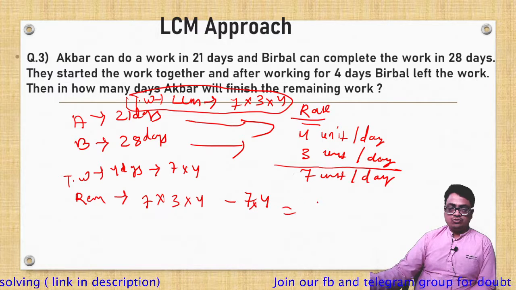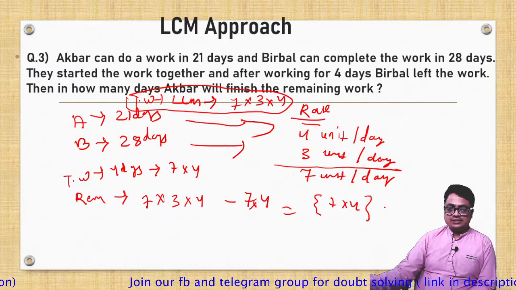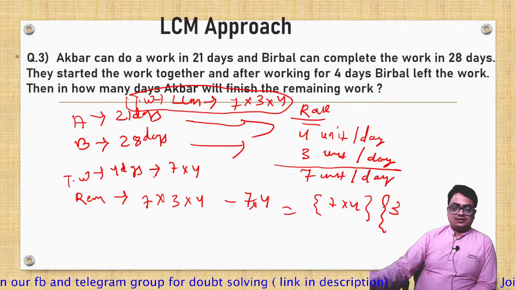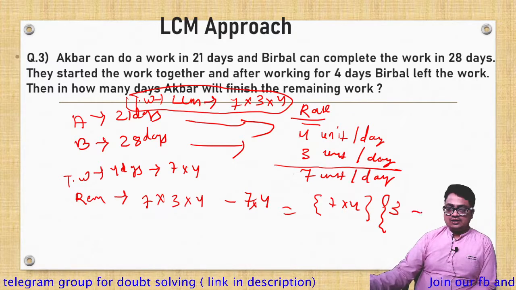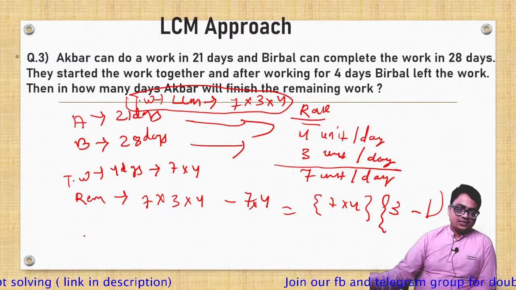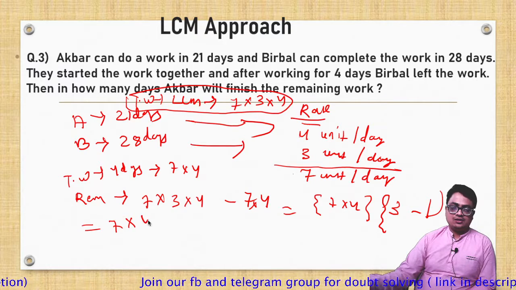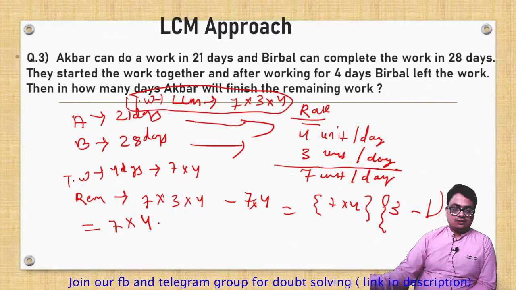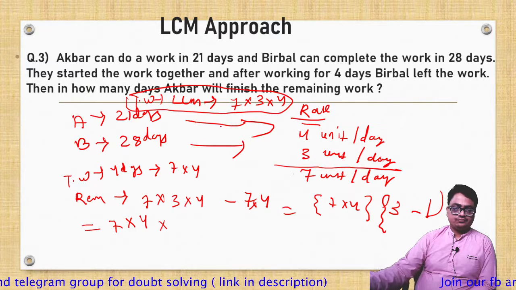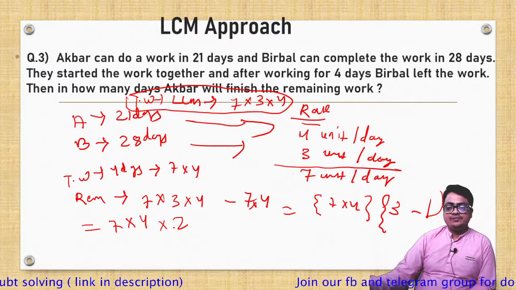So you can take 7 into 4 common, here you will be getting 3 and here you will be getting 1. You can do multiplication and all that stuff, but that will make the sum lengthier. You have to multiply a lot of things, no need to do that. So 7 into 4 into 2. This is the remaining work.